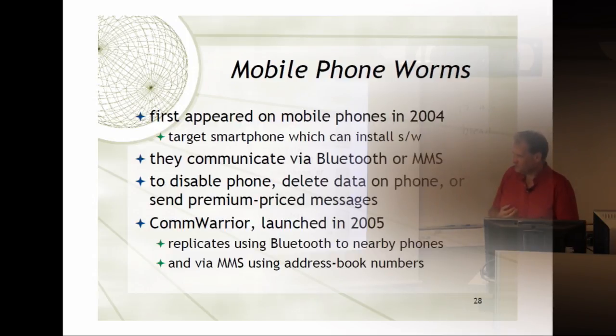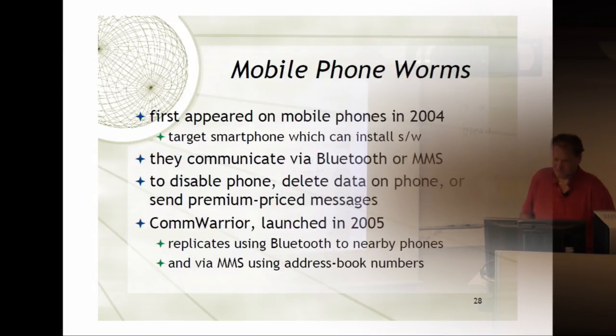One example is this ComWarrior that used Bluetooth to spread from one phone to another directly. So you had to be within 10 meters or so to get attacked. And it also uses MMS. So once it got into a new phone, it checked the phone book and then sent messages to everyone on that phone book, trying to attack those as well. And it was relatively successful, actually, that one.